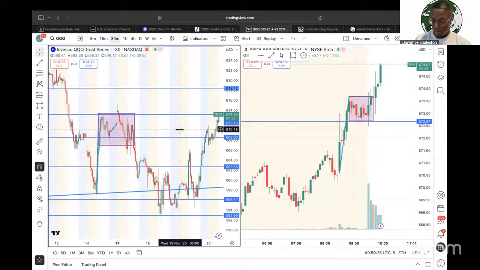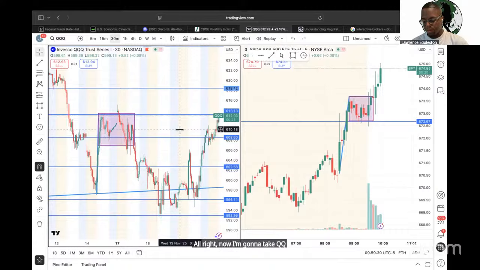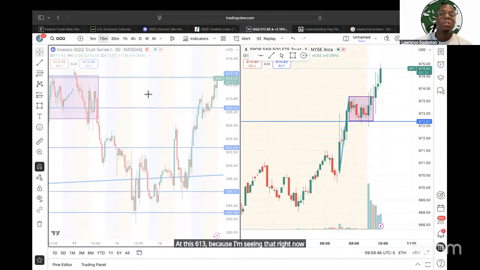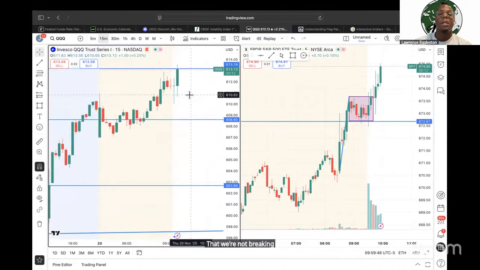Right there. Let's see. All right, now I'm gonna take QQQ puts at this 613 because I'm seeing that right now in this 613 that we're not breaking. So I like the level to take the puts at here now.